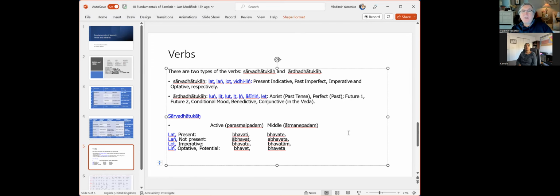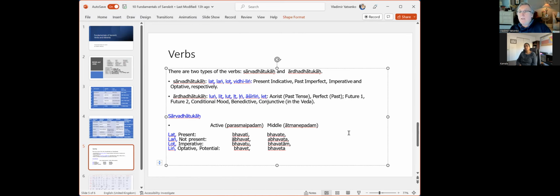"I would do it" means I will do it if something would not happen, so to say. "I should have done it" is correct, "I should have done it," another thing. So this conditional mood is the future in the past, basically. Benedictive is like giving blessings. It's actually an optative. And conjunctive mood, which is only in the Veda, is very rare.